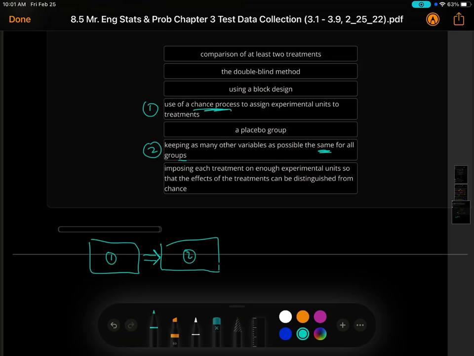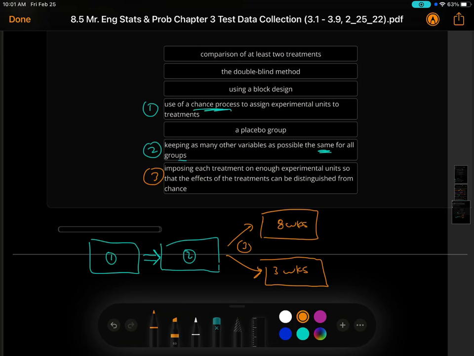Okay, now with those males, you're going to impose treatments. So this is step 3. So maybe I give the vaccine set 8 weeks for those males, and maybe compare it to the 3 weeks that have been traditional. And what they were concerned about is that they might get some kind of heart issues.